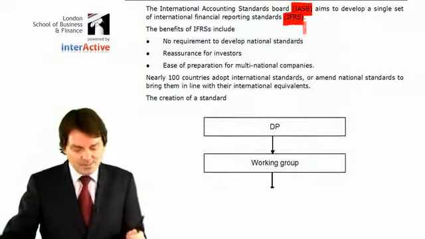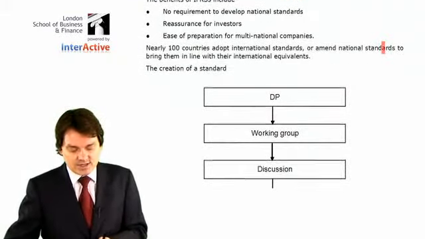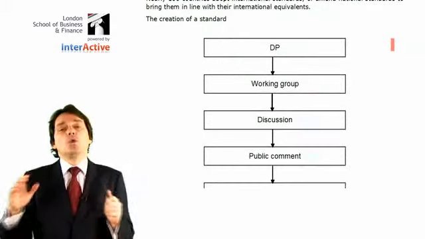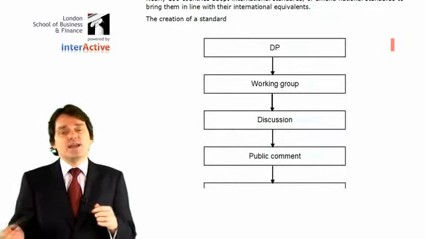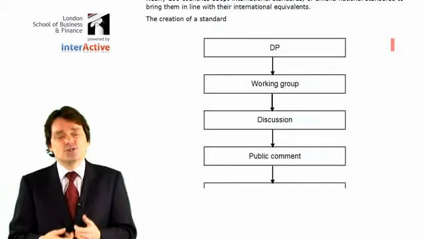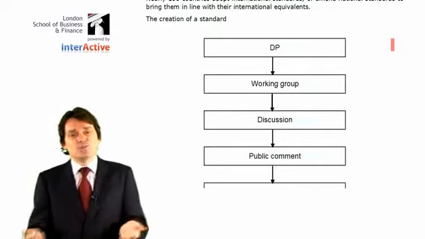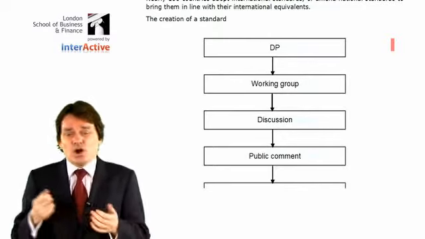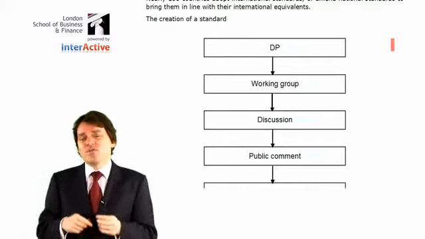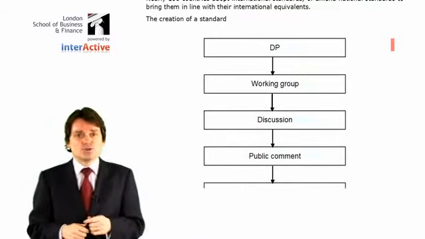Now, what will happen is that the International Accounting Standards Board will look at things that they think are of interest in accountancy. Now, the thing is, accountancy changes, I wouldn't say all the time, but things do become issues.